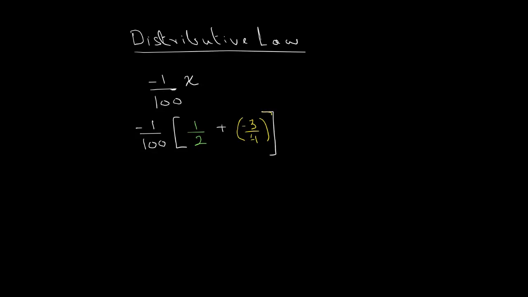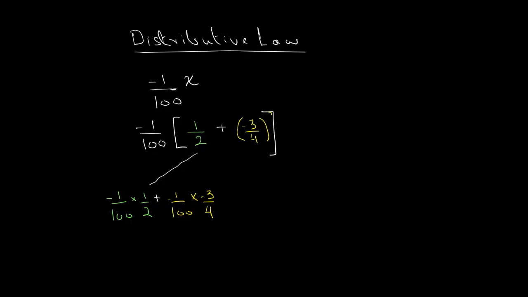One way to calculate is that you first calculate individually minus 1/100 multiplied by a half, and then you will add minus 1/100 times minus 3/4, and that's what you owe to the government.